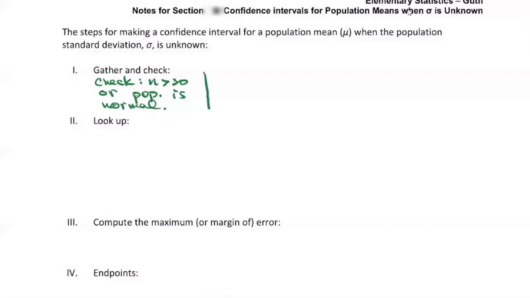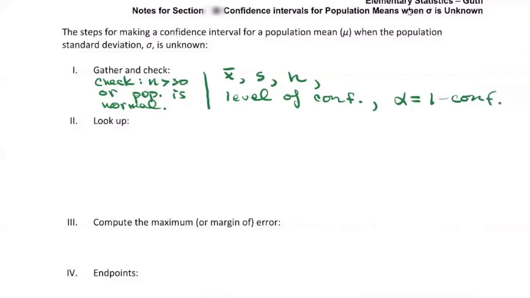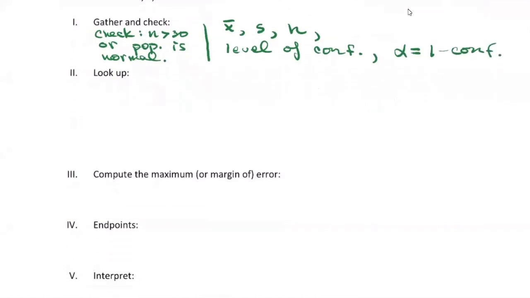You'll need your X bar value, you'll need S, you'll need n, and you'll need the level of confidence. And then don't forget alpha is 1 minus the confidence level.